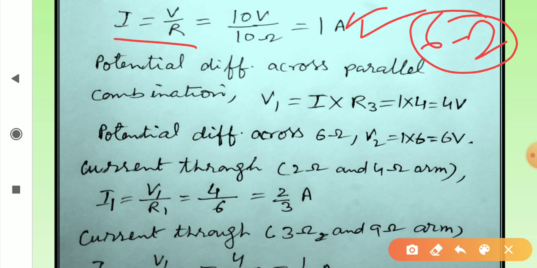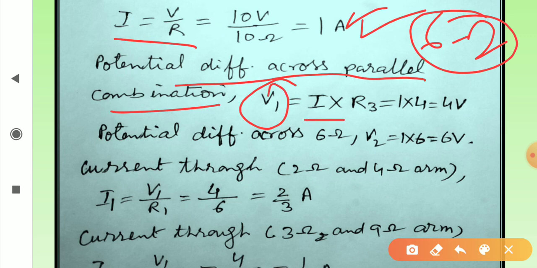Now we want to find out the potential difference across the parallel combination. Right? So the potential difference V1 of the parallel combination will be equal to I into R3, the resistance we found for the parallel combination, which was 4 ohm. So 1 into 4 is going to be 4 volt. Now the potential difference across 6 ohm will be, again V is equal to IR, so 1 into 6, that is 6 volt.